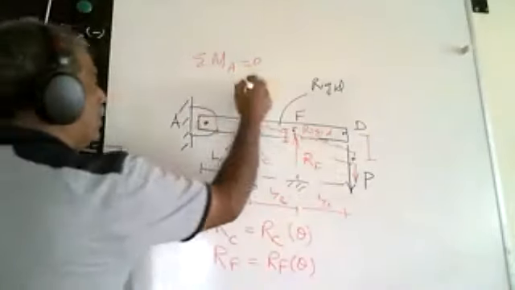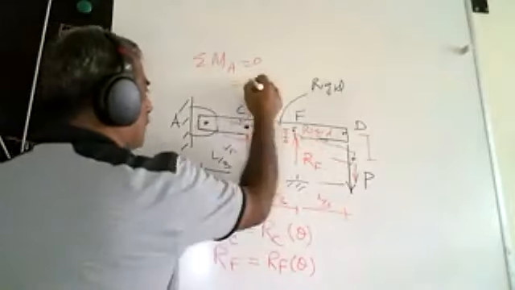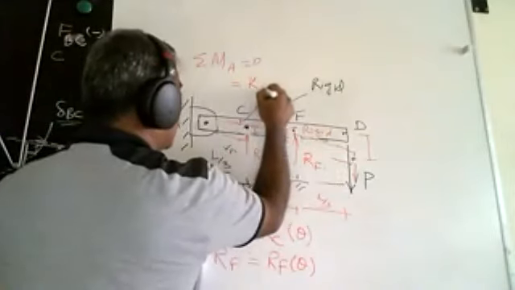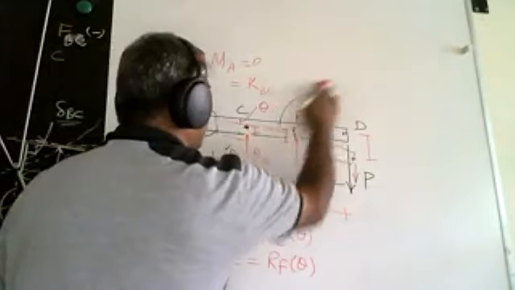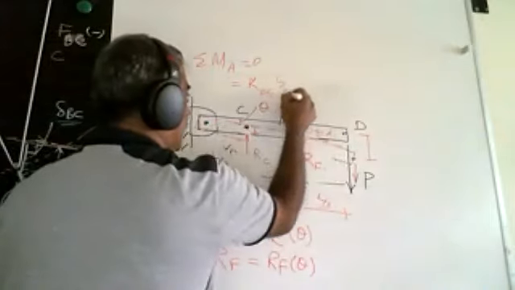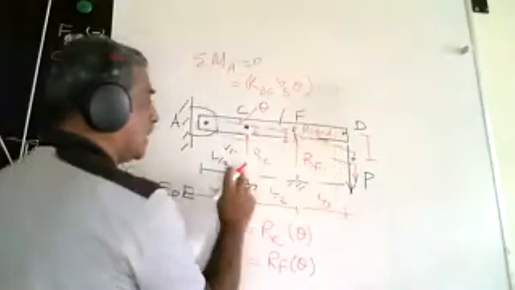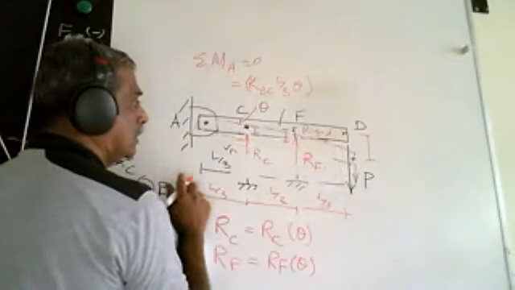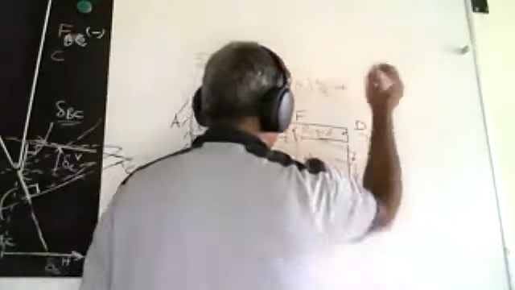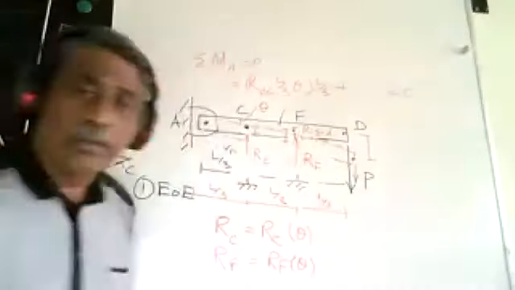Now it's possible for me to write RC, which is nothing but some K, what is this? BC, yeah? KBC times, this is, let's say, L by 3, so L by 3 theta. This is the force that I get over here at RC, right? Times L by 3 and so on. I'll be able to solve since I take this to be equal to 0.